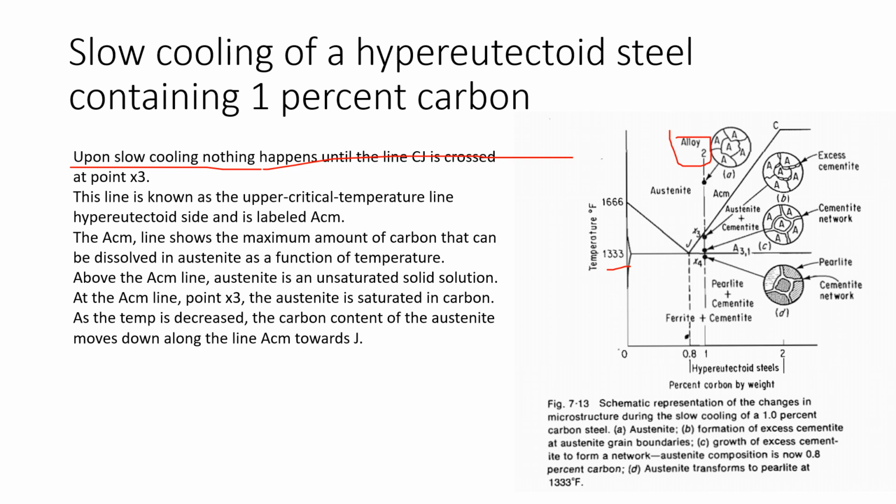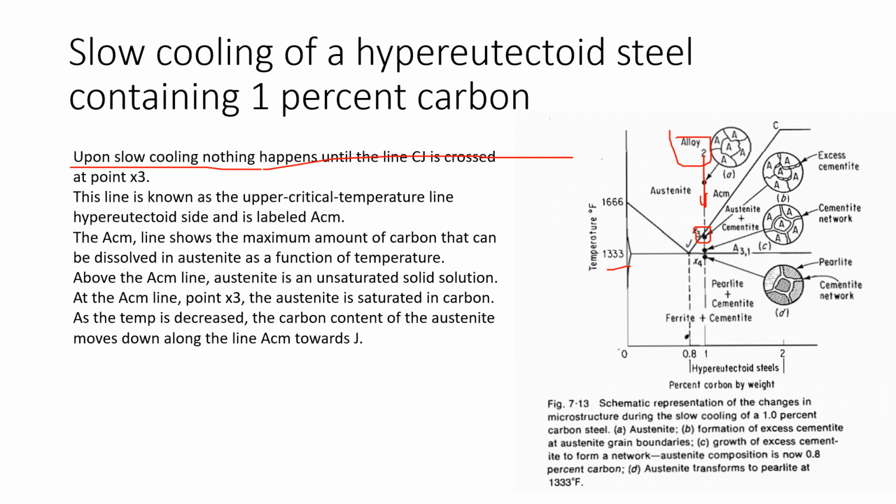Upon slow cooling, nothing happens until the line ACM is crossed at point x3. This is the line ACM. It shows the maximum amount of carbon that can be dissolved in austenite as a function of temperature.